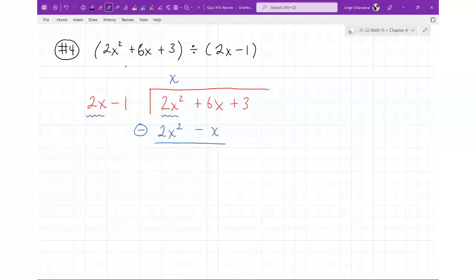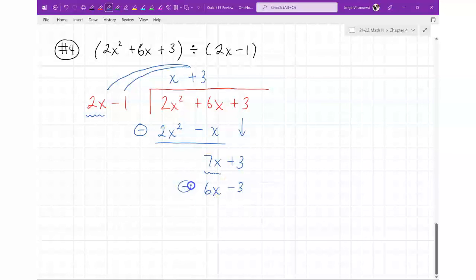Negative 6x minus a negative x is a positive 7x. And we got to drop this 3. Now you got to ask yourself, 2x goes into 7x how many times? That's 3 times. So I'm going to put a plus 3 here. And you're going to multiply the 3 times the 2x and the negative 1. So that's going to be 6x minus 3. And you're going to subtract.